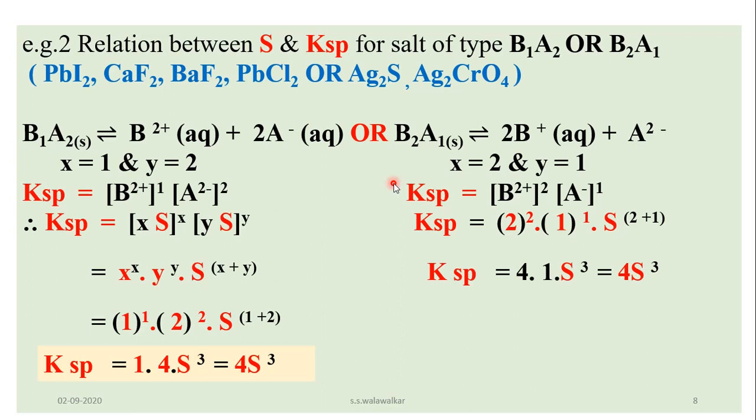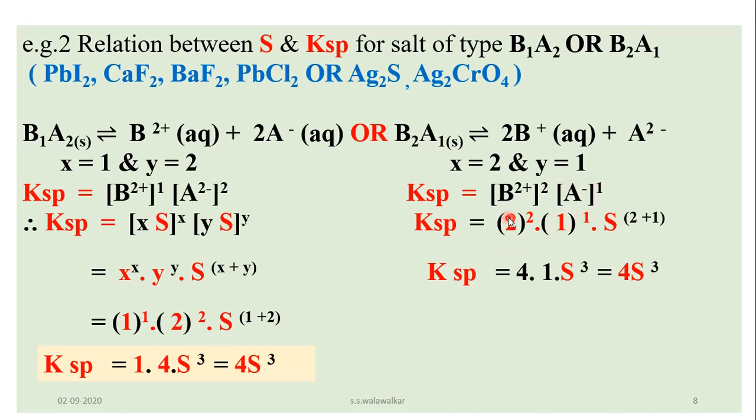In the same way, you can calculate the relation between Ksp and S. So suppose this type of salt is there, B2A1, then it gives you 2 moles of B ions and 1 mole of A ions. So here X is equal to 2 and Y is equal to 1. Therefore Ksp, that is the solubility product for this type of salt, is equal to the concentration of B ion raised to 2 into the concentration of A ion raised to 1.